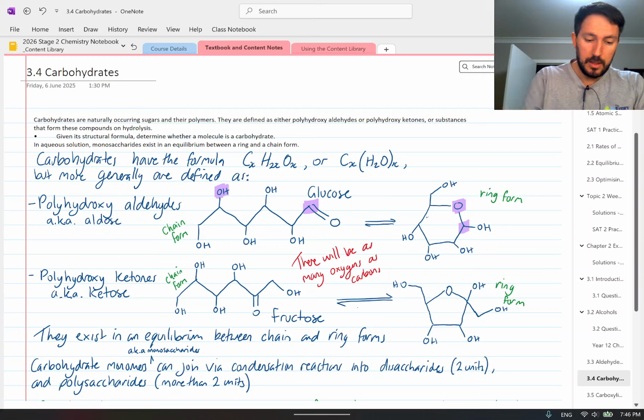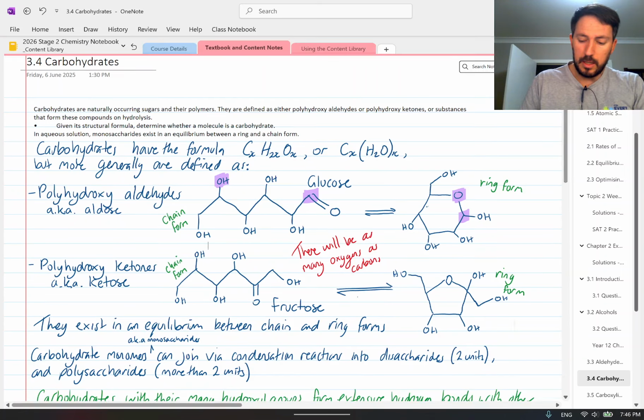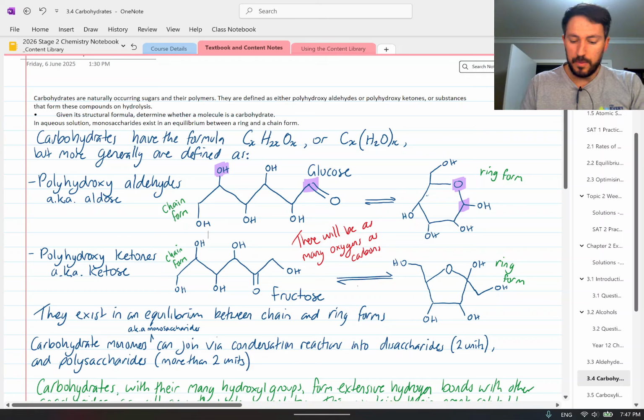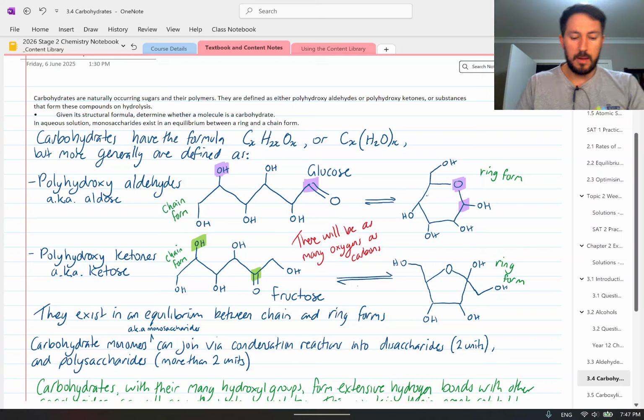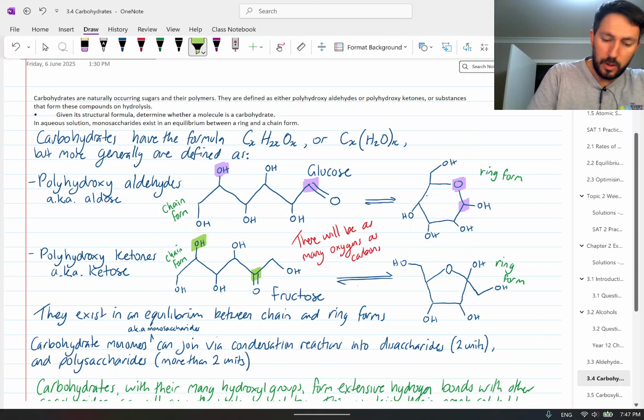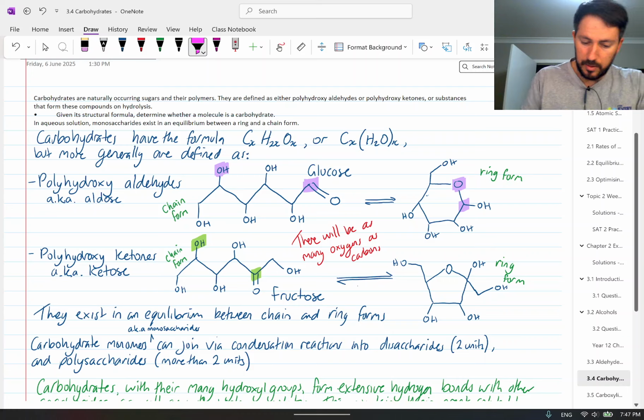And similarly, I might do a different colour just for fun. Let's go green. Similarly, in our ketone, we have our carbon that is attached to here. That will attach to that second to last carbon as well. So I'll go back a minute, just so I can highlight a couple other things.